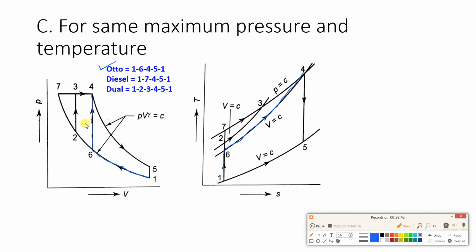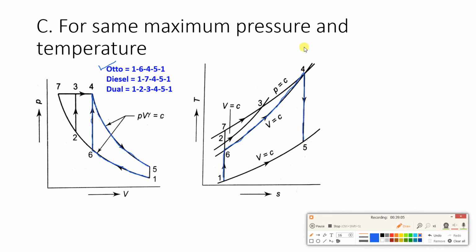Now process 4 to 5 is isentropic expansion in case of Otto cycle. And on TS diagram also you will see process 4 to 5 is isentropic expansion.